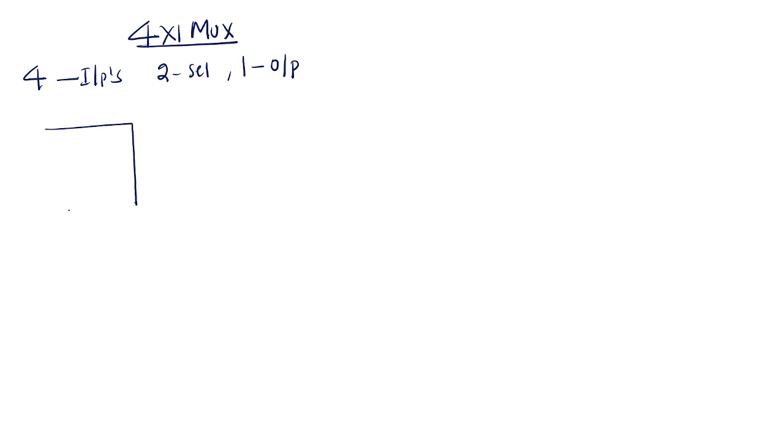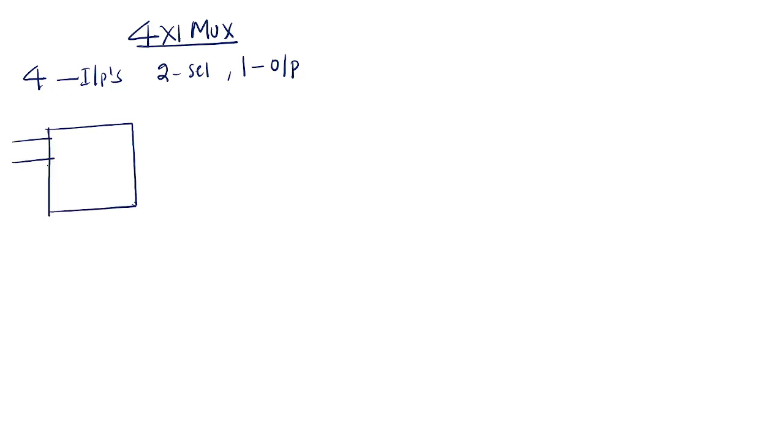Next, if you see the 4 cross 1 MUX, how many inputs does it have? 4 inputs, 2 selection lines and one output. If you see the block diagram, 4 inputs are there.